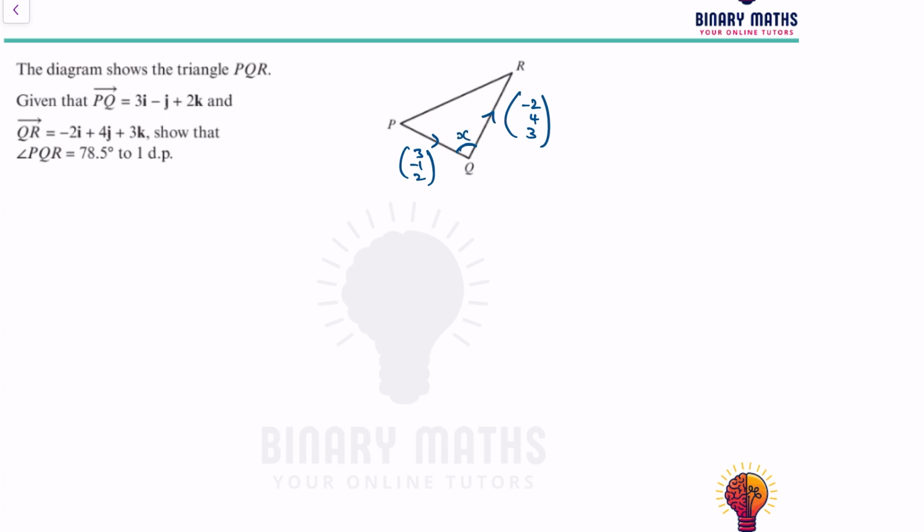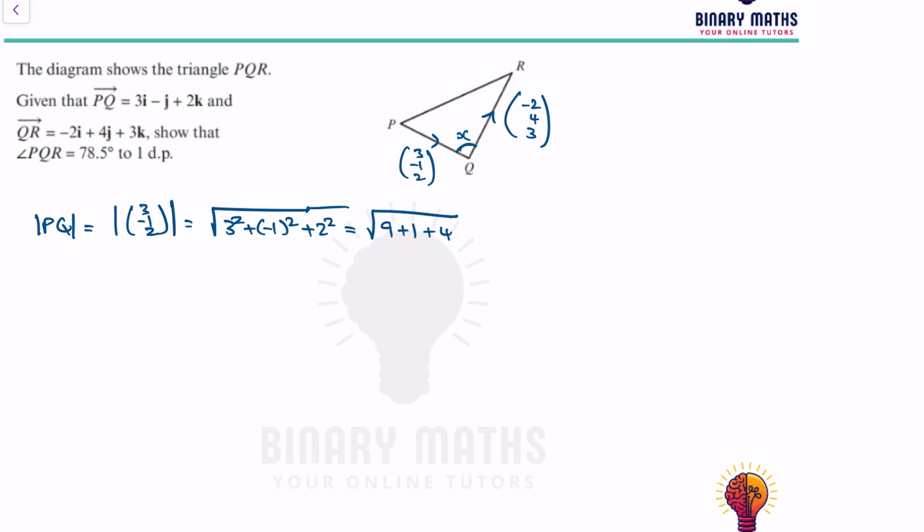Okay, so the first thing we need to do is find the magnitude of P to Q. So the magnitude of P to Q is equal to the magnitude of 3, minus 1 and 2, which is the square root of 3 squared plus minus 1 squared plus 2 squared, which is 9 plus 1 plus 4 square rooted, which is the square root of 14.